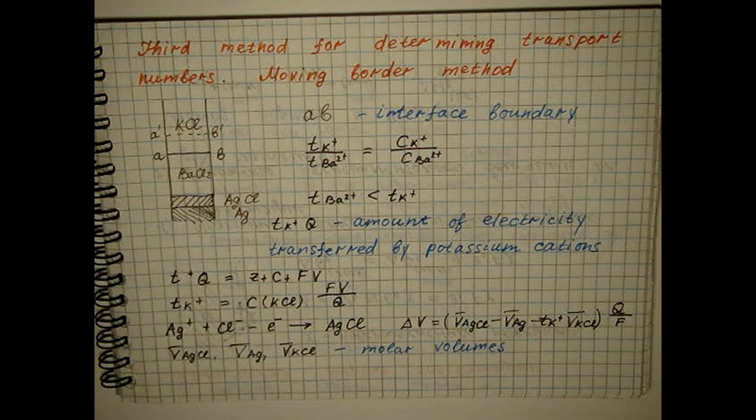Thus, in order to obtain the transport number relative to the solvent as a whole, it is necessary to make the correction.